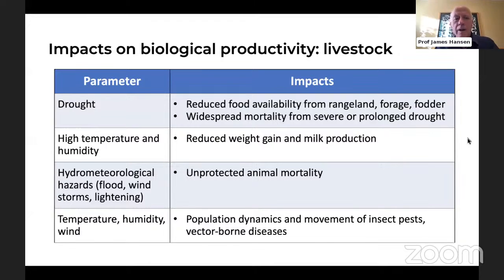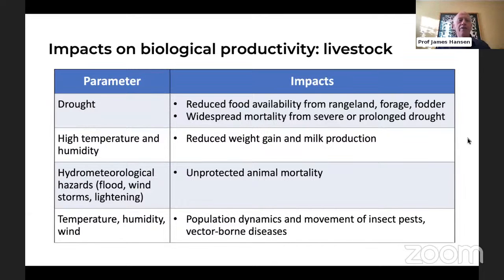High temperature and humidity tends to reduce weight gain and milk production in animals. Hazards such as flood, windstorms, lightning can lead to mortality of animals if they're not sheltered.